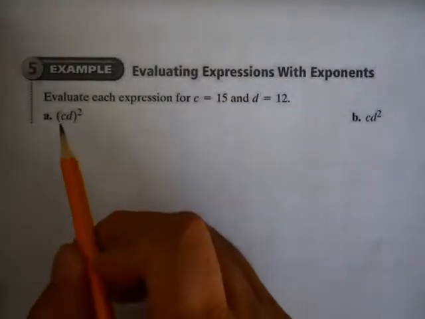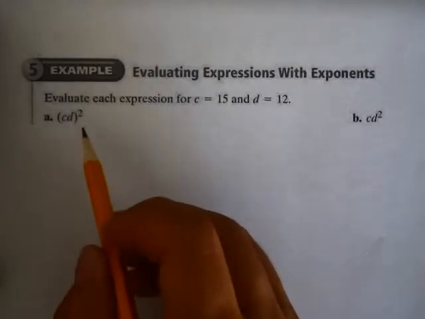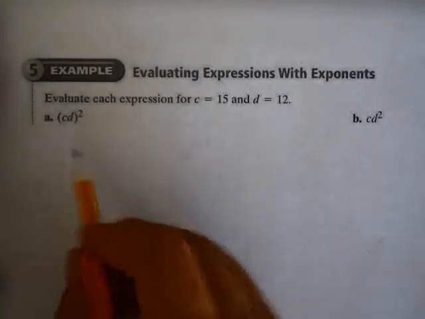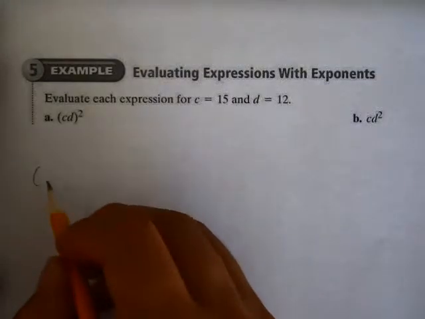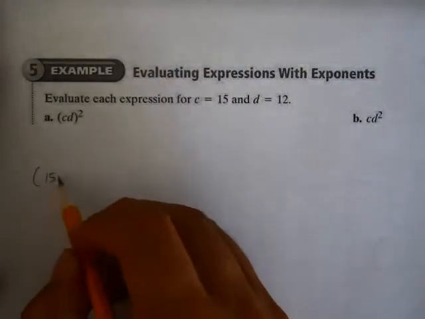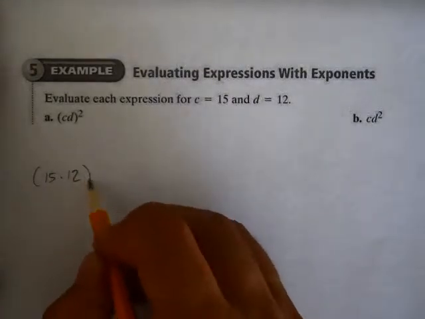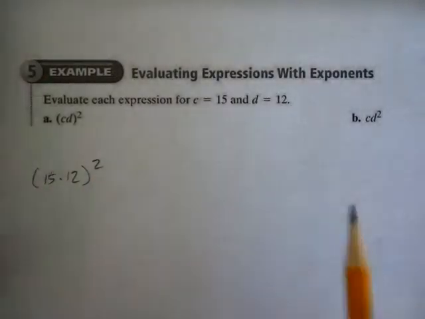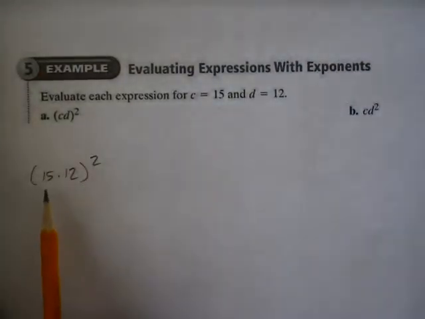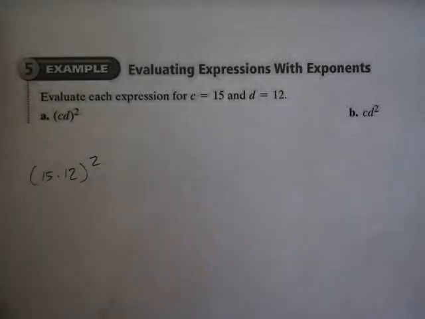We have the quantity C times D squared. I'm going to rewrite the problem by substituting first in this 15 times 12 quantity squared. The first step is to work inside the parentheses and do 15 times 12 first.